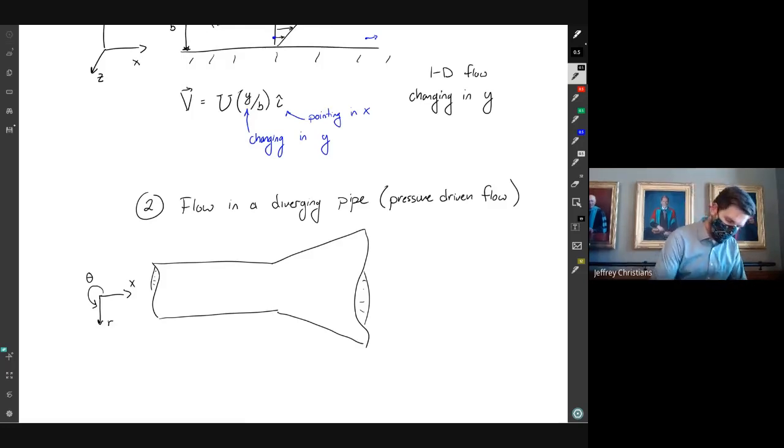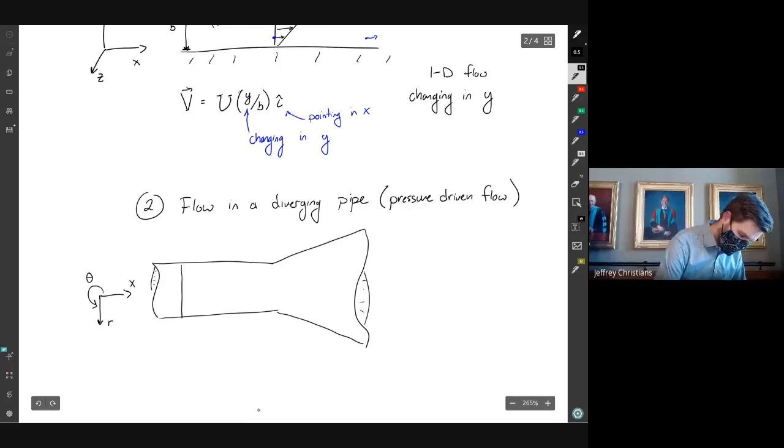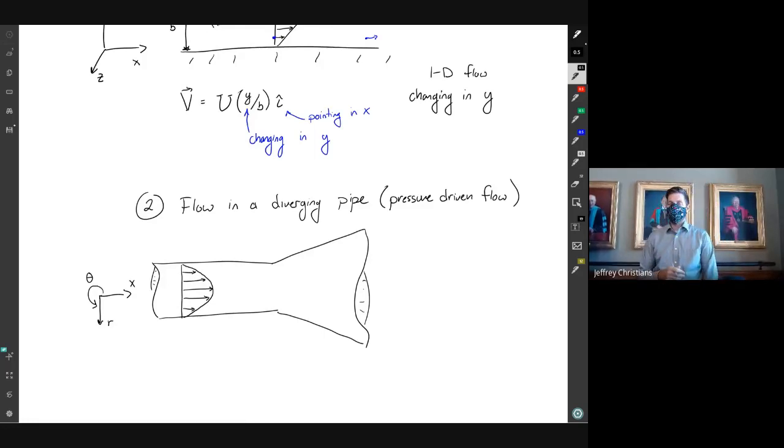So what would it look like in the pipe? It would look like this. The no-slip condition means that the fluid has to be stopped at the walls of the pipe. So velocity is 0 at the walls, and it's going to be a maximum in the center. It turns out it's a nice parabola.